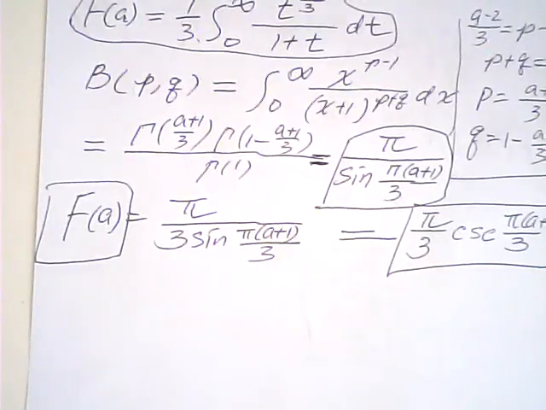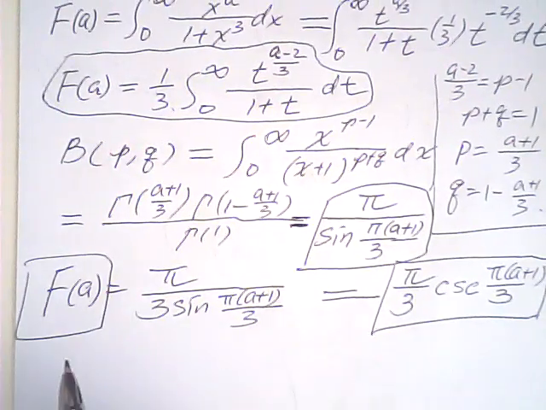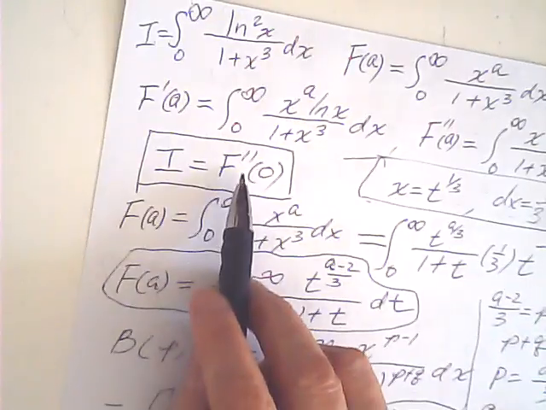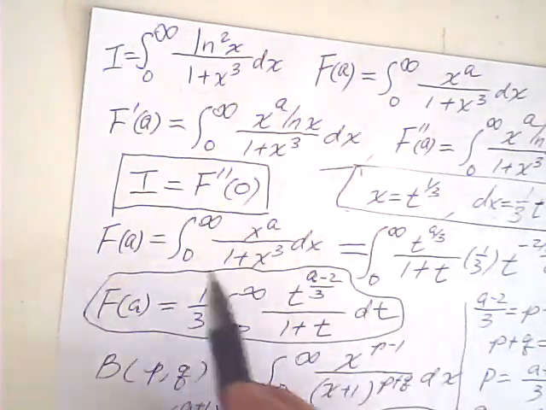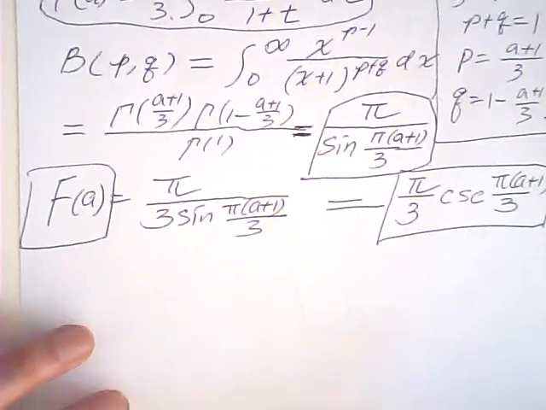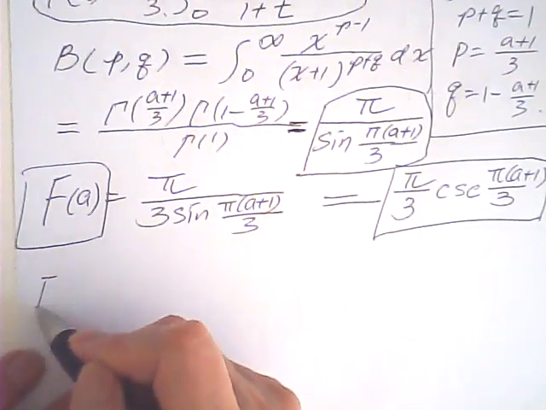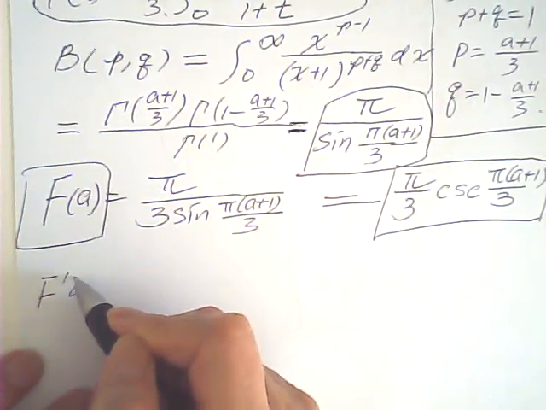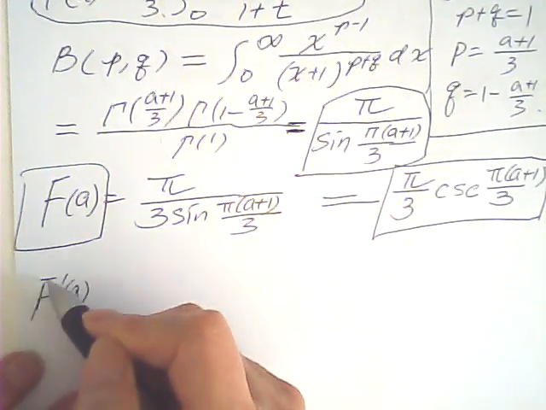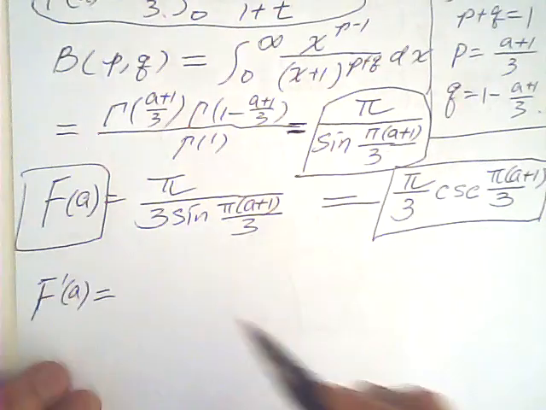Okay, now the picture is clear. I want to find f double prime when a equals 0, and I find I. So take the first derivative first, f prime of a.